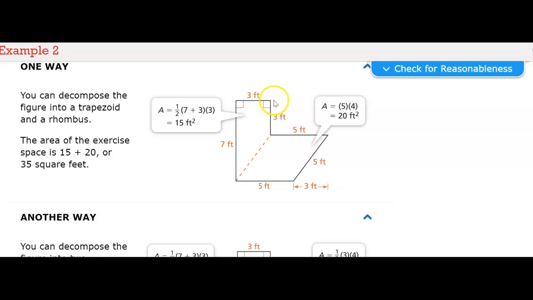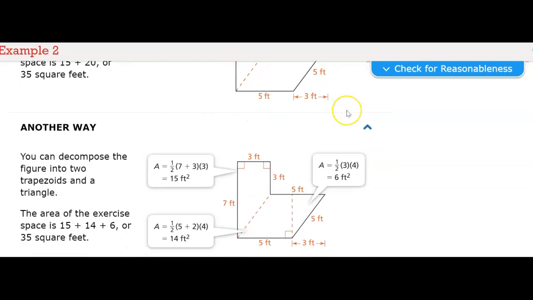And then this side of that line is 3 feet. So say we drew a line here, that'll be a rectangle. So this side and this side would be the same length. So this would be 7 feet. This would also be 7 feet. So I can take that 7 feet and subtract the 3 feet, and I would get 4 feet. So that's how they got the height. I just wanted to make sure I pointed that out because they did not point that out when they solved this for you.